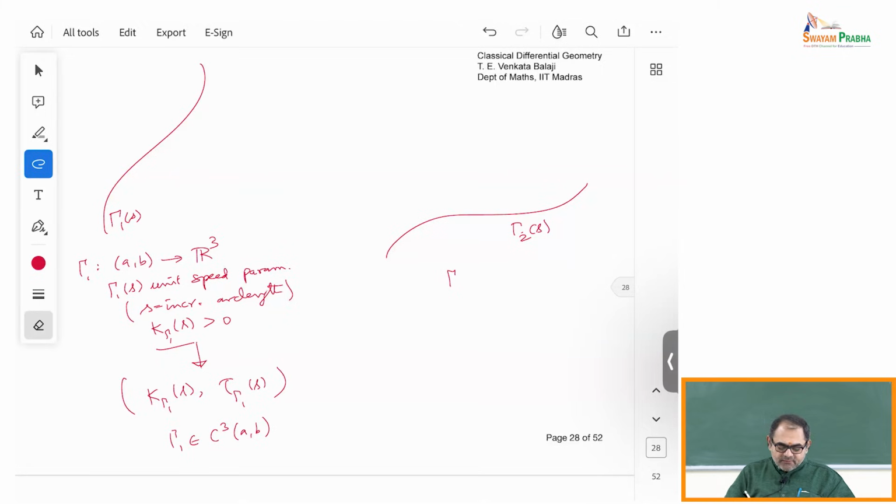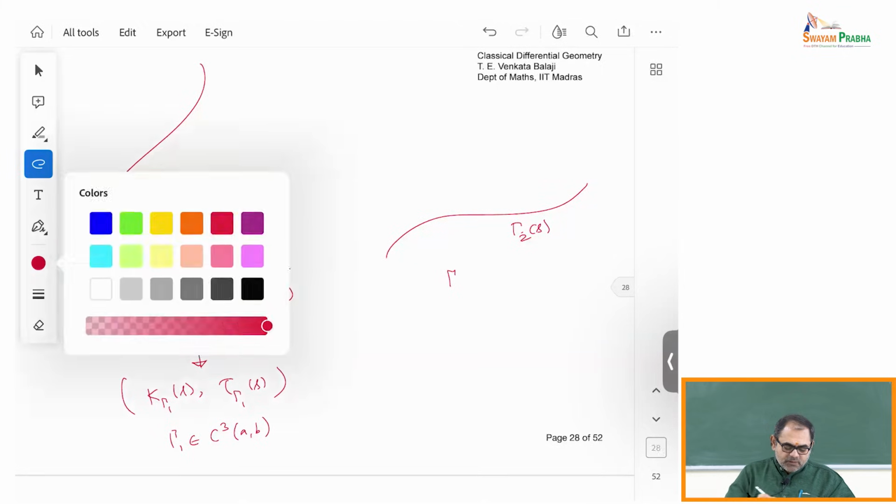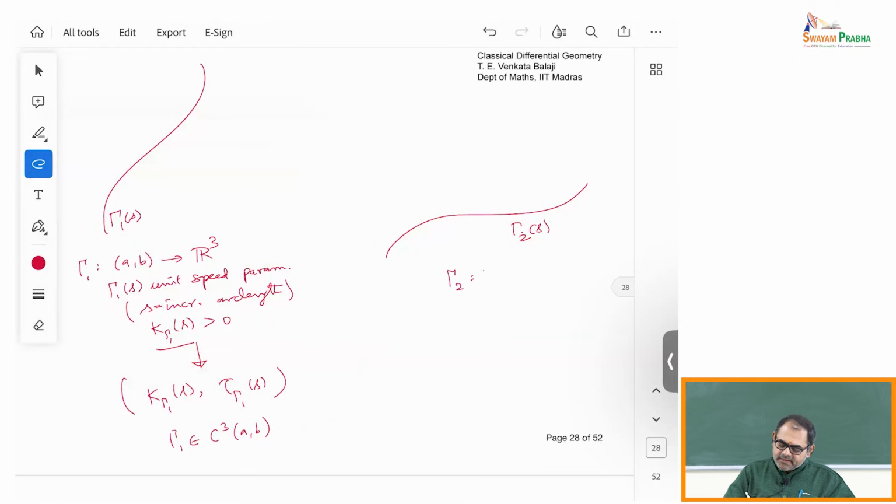Similarly I have another curve gamma 2. So gamma 2 is again from the same [a,b] into R^3, another space curve, and again gamma 2 of s is unit speed parameterized, where s is increasing arc length.